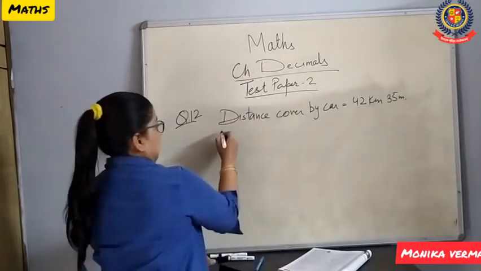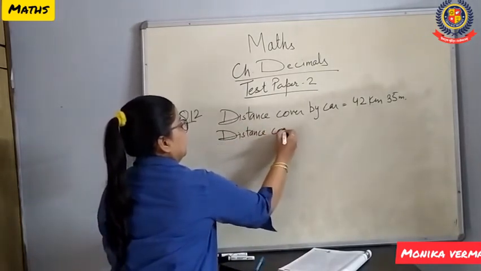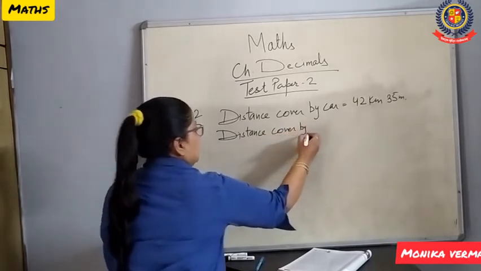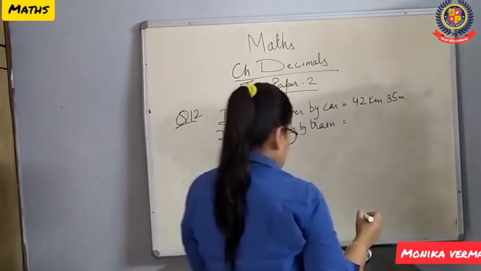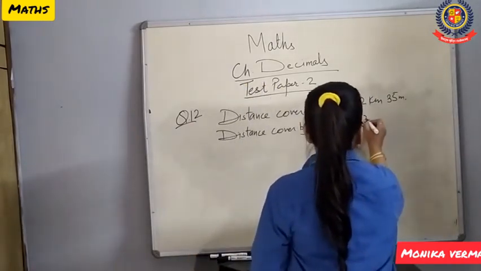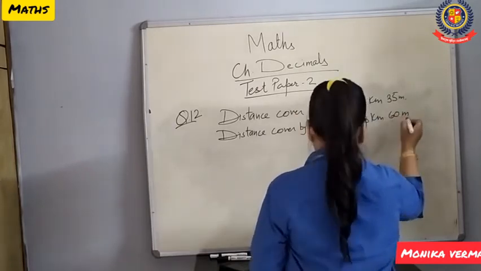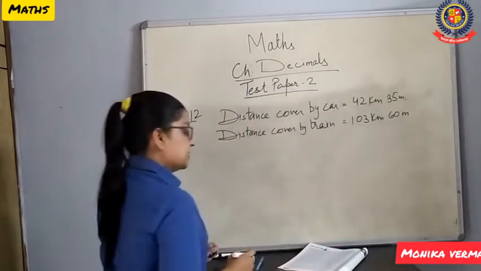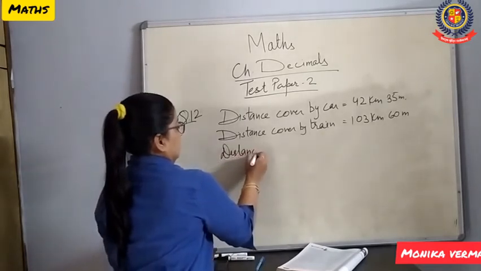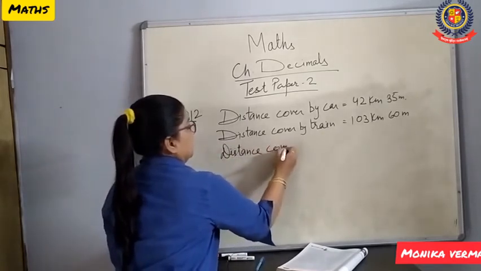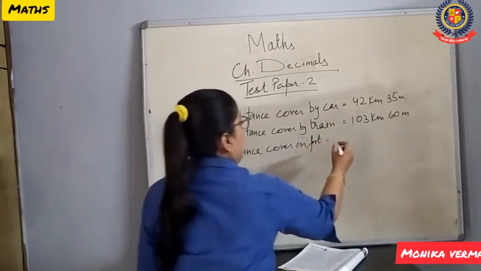Distance covered by train: 103 kilometer 60 meter, and distance covered on foot: 2.5 kilometer.